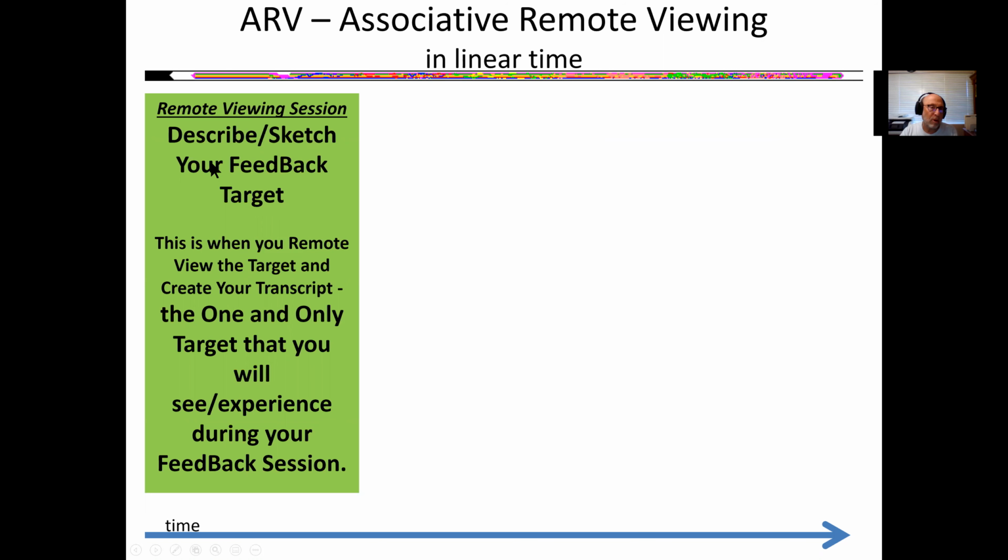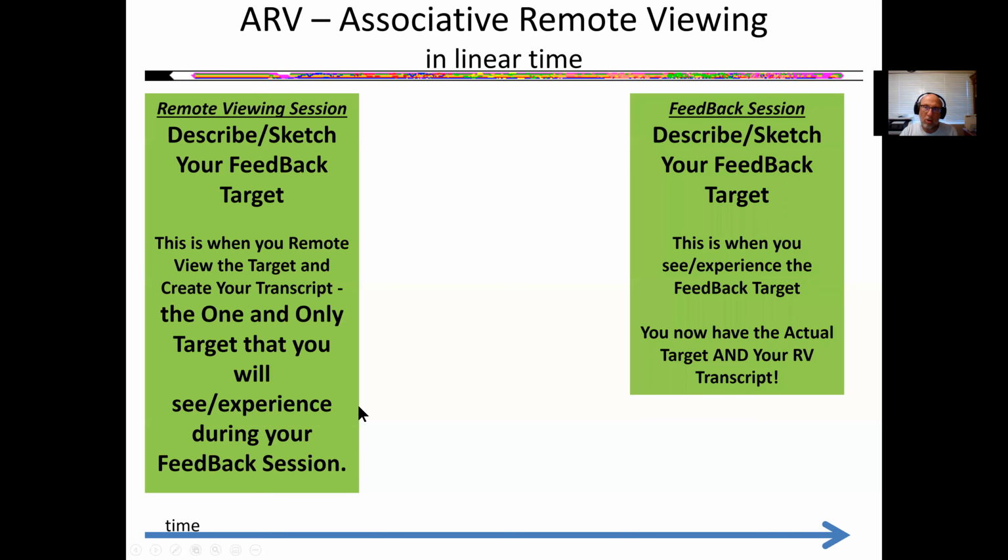And we will have a coordinate or a target reference number in here, but standard remote viewing. And this is when you remote view the target and create your transcript of the one and only target that you will see and experience during your feedback session.